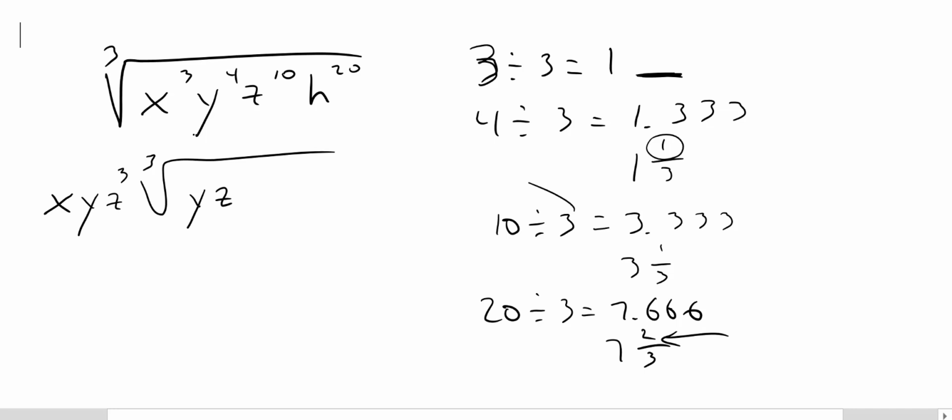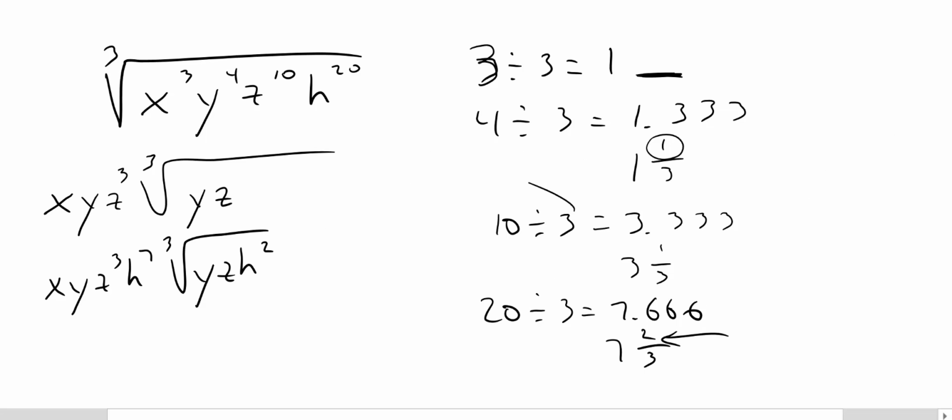Guess I can move it over. That's okay. So it's going to be xyz cubed, and it's 7. So h to the 7th times the cube root of yz, and then h squared. Okay, that's pretty good. So remember that writing the numbers 2, 3, 5, 7, super important.